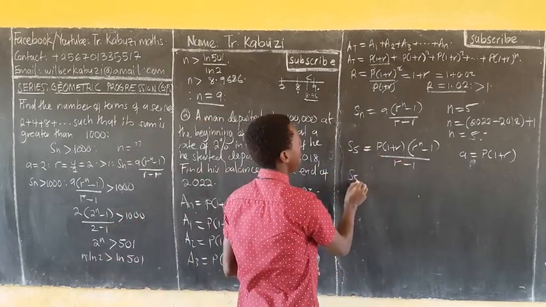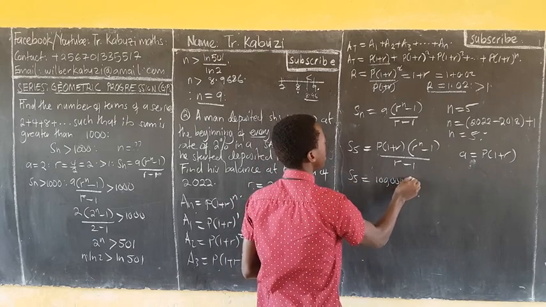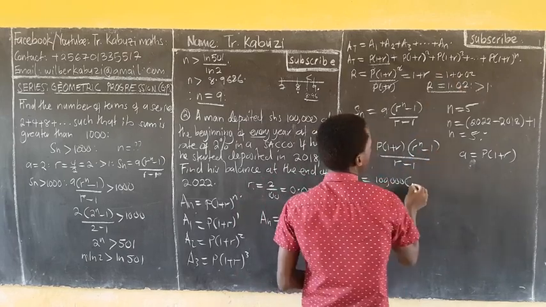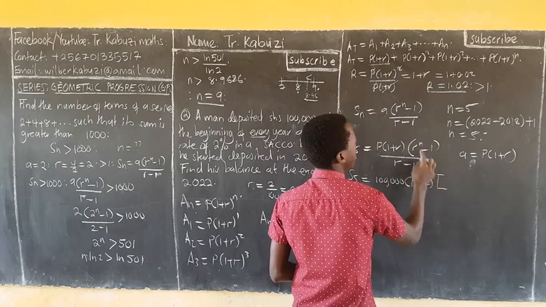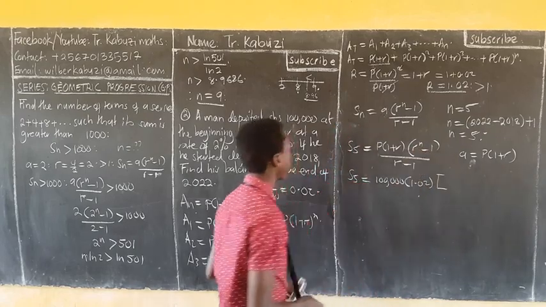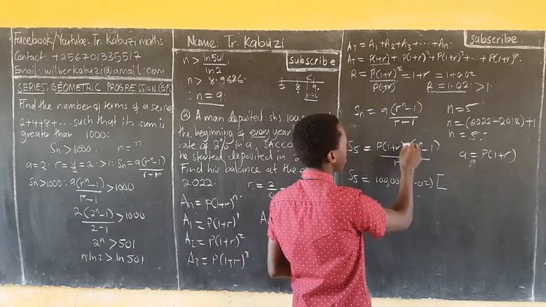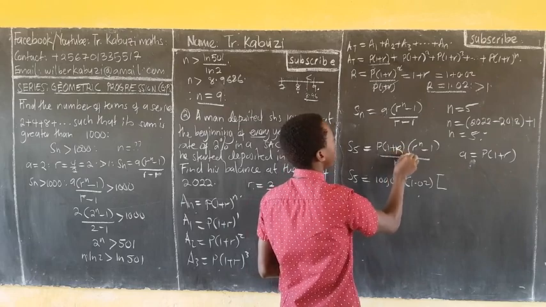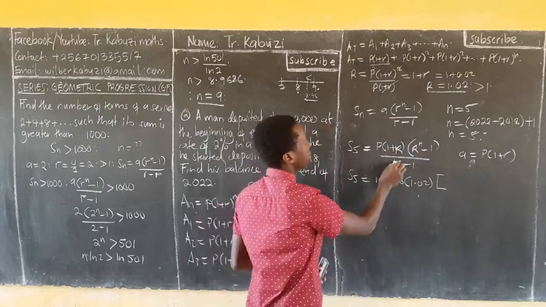So our S5 now will be the principal, which is 100,000, into (1 plus r), which is 1.02. Now in brackets, the R, now this one I'm going to use capital R so that we can really differentiate the two, and you don't get confused.